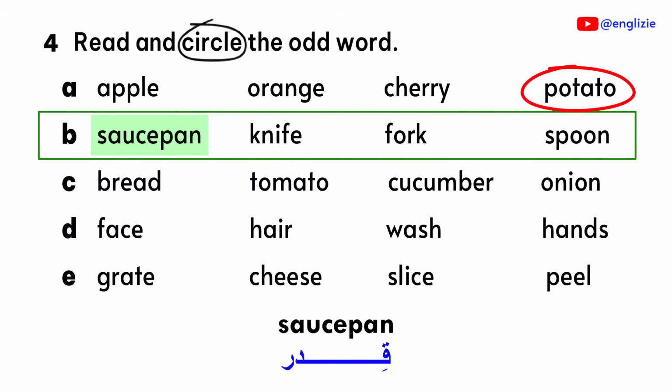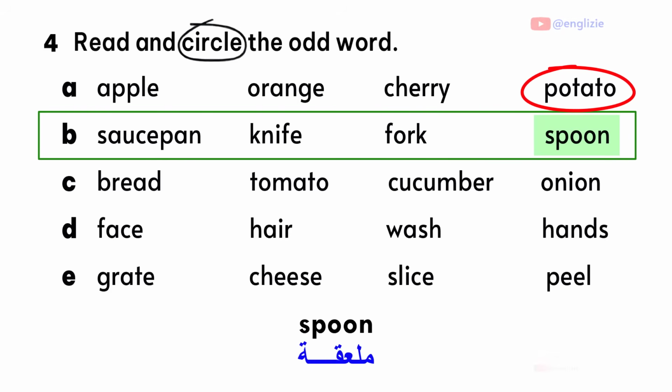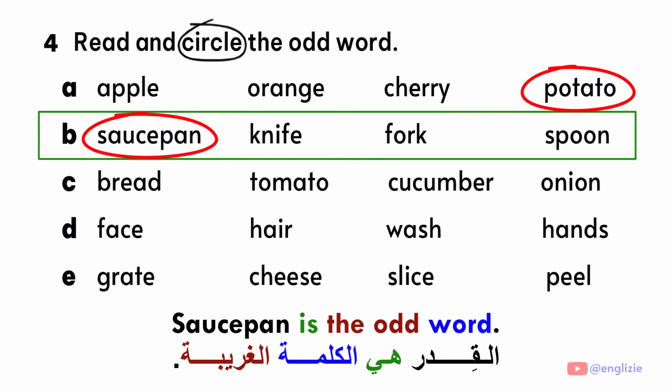B. Saucepan, knife, fork, spoon. Saucepan is the odd word.